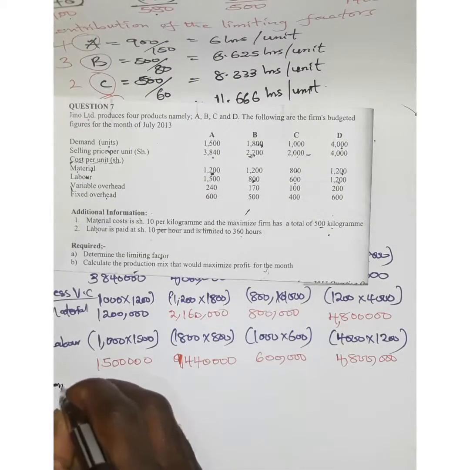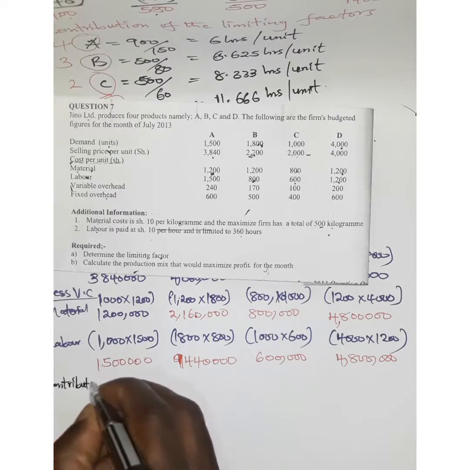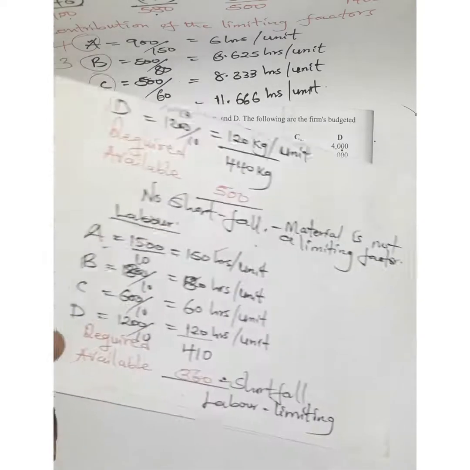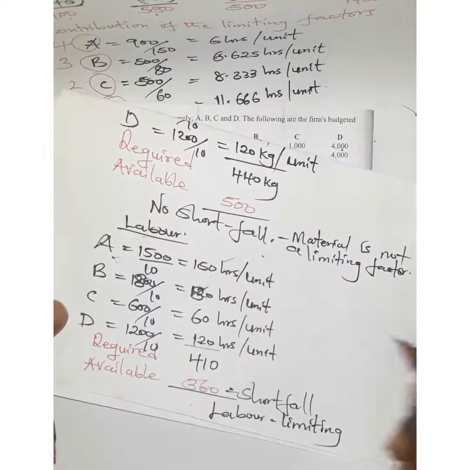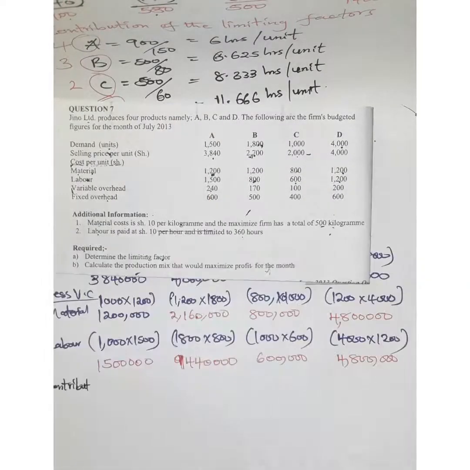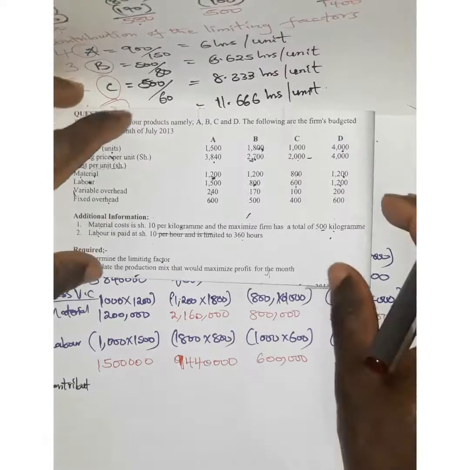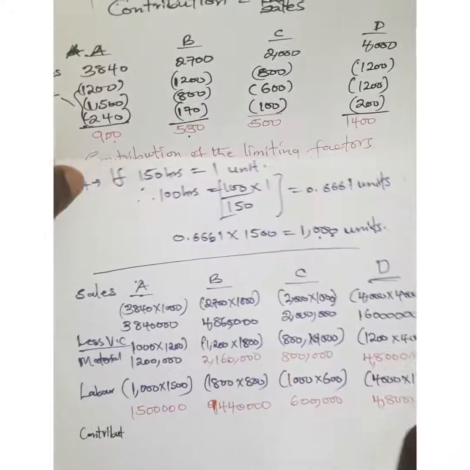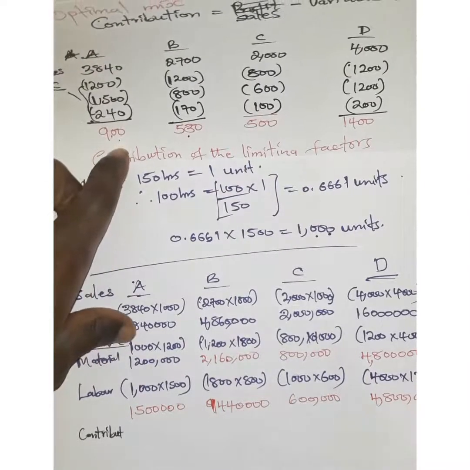Then lastly we are supposed to talk about the element of the contribution now. Contribution here is now the variable overhead. Now our variable overhead should be the contribution. In our working that we had before, we are supposed to determine our contribution. For A, our A contribution was 900.